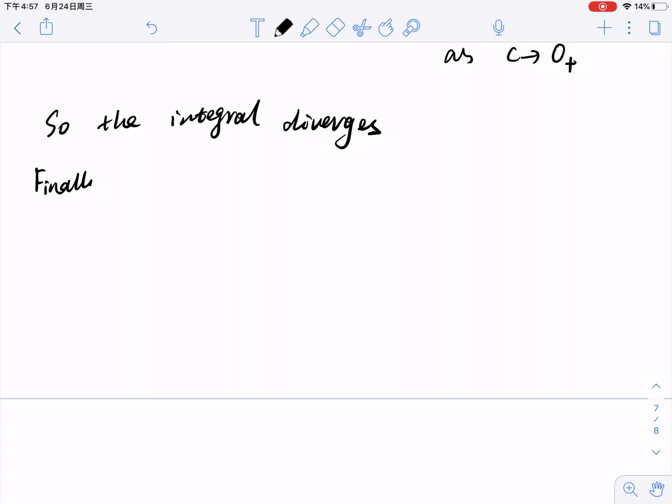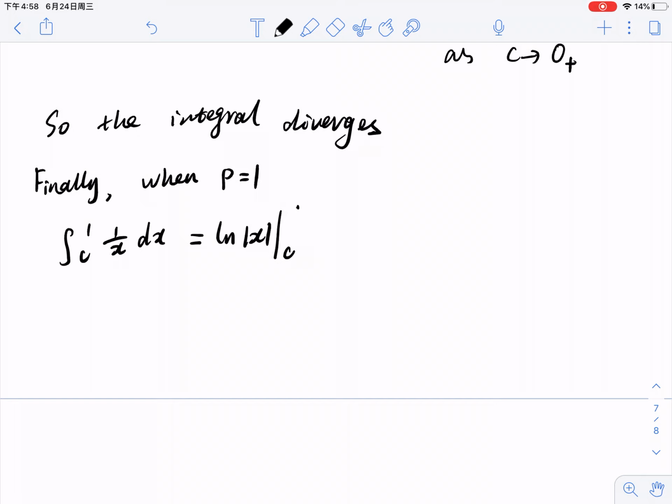Finally, when p is equal to 1, the integral of 1 over x dx is equal to ln of the absolute value of x, from c to 1.